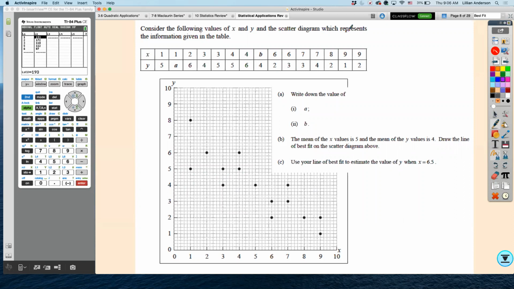It says we have to write down the value of A and the value of B. Anytime you see the words "write down," it means it's little to no work, the answer staring you right in the face. What's the value of A? 8. It is the Y coordinate when X is 1. If you notice, there's 2 points when X is 1. 5 is this one, so the other one had to be 8.